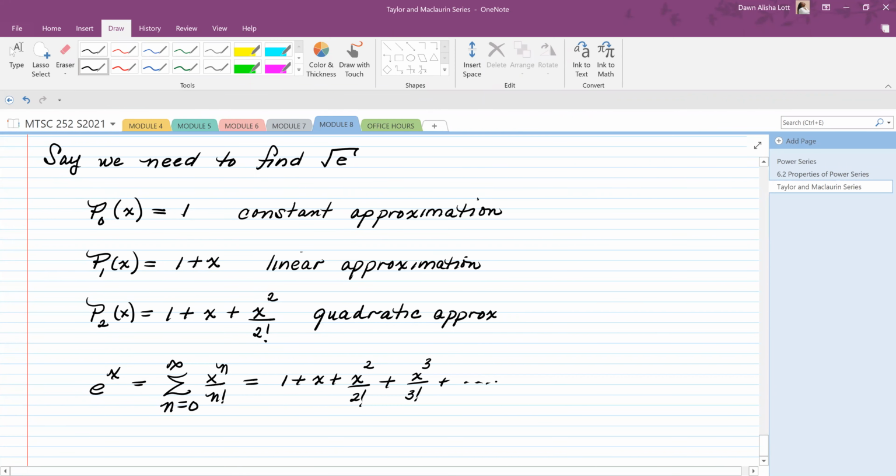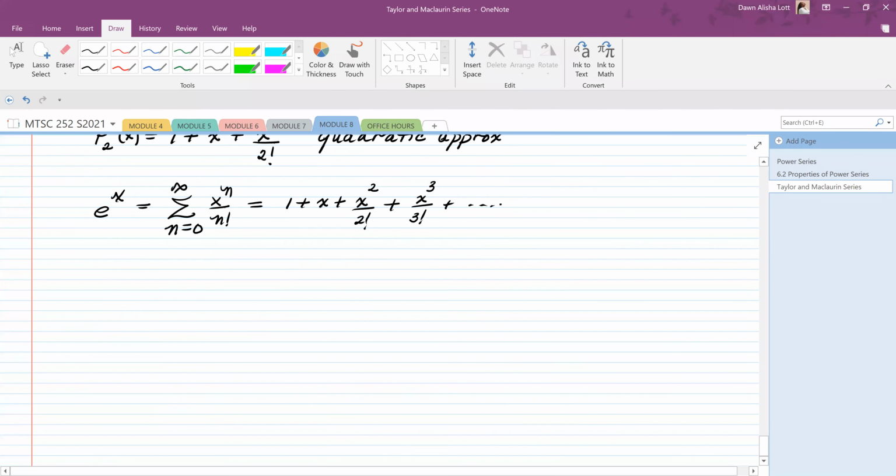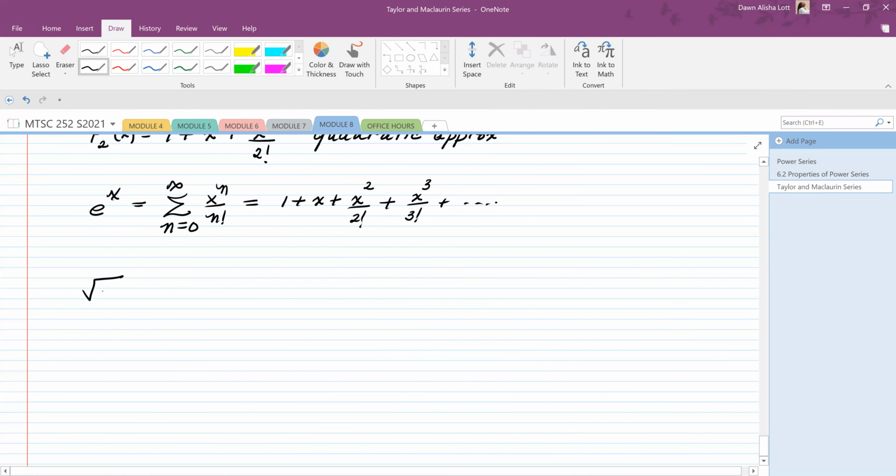So if I want to find e to the x, e to the 1/2, the square root of e is simply e to the 1/2. And where's my calculator? E to the 1/2, which is the square root of e. The true answer, well, I don't know how to find e on this calculator.